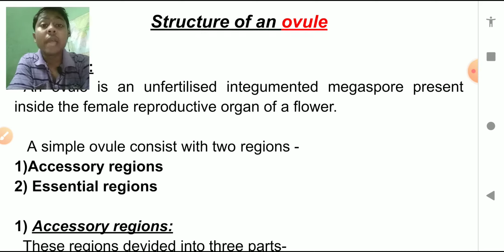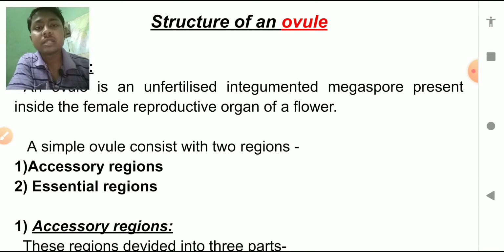That's the reason it is called the accessory region. And the essential region is the important or crucial region for the ovule, because if any part of the essential region is absent, then the ovule does not function properly. Now we see the pictures of the accessory region and the essential region.